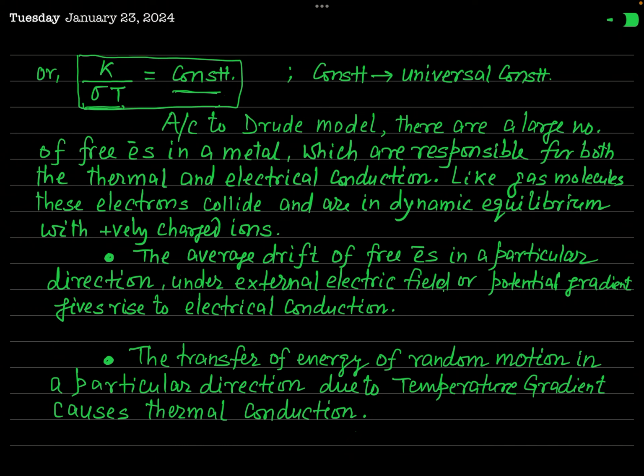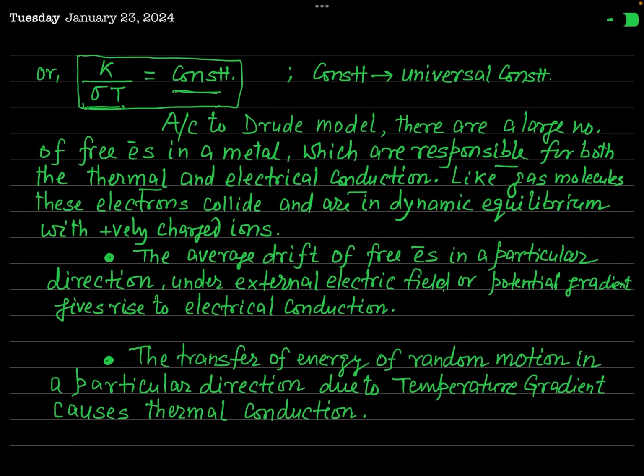Okay, and so according to Drude theory, these free electrons are just like the molecules or atoms of a perfect gas.